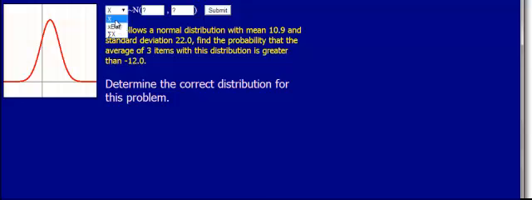X corresponds to looking at the probability of a single individual. X bar is the sample mean, so we're talking about the average of individuals. And sum of x is the sum of the x's, and that would be had we wanted the sum of the items' values. We want the average, so I click X bar.